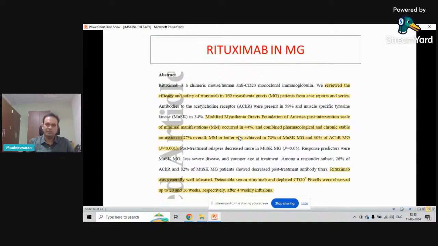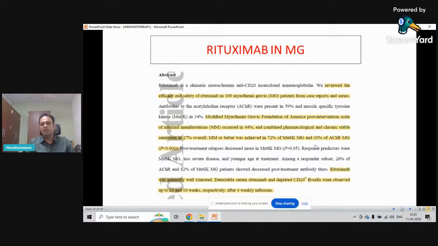It was found that in patients who received rituximab, there was improvement in the functional outcome in terms of the modified Myasthenia Gravis Foundation of America Post-Intervention Scale, the minimal manifestations of myasthenia, in 72% of patients with MuSK positive myasthenia gravis and 30% of patients with acetylcholine receptor positive myasthenia gravis.